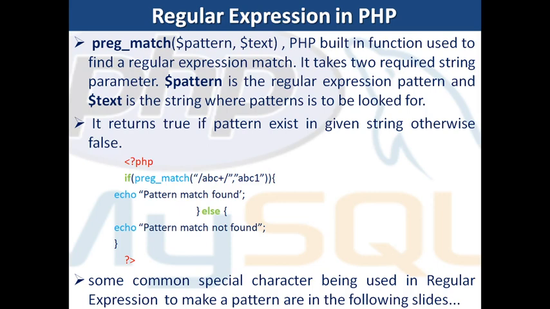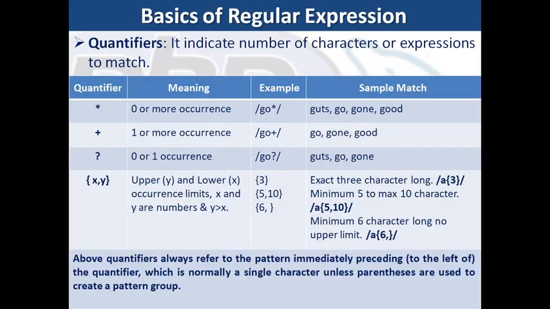Let us take them one by one. The first few special characters are known as quantifiers because they indicate the number of characters or expressions to match. So star means zero or more occurrences.